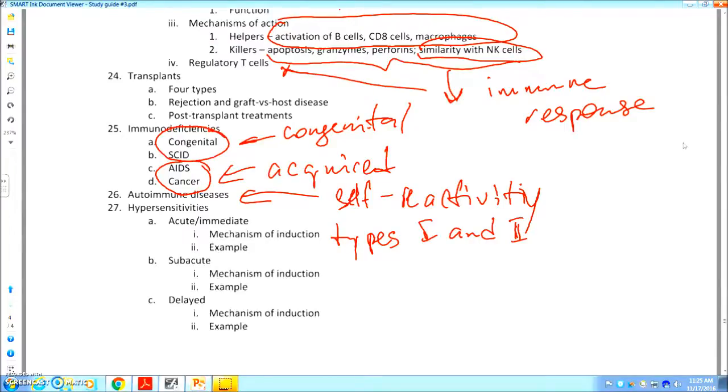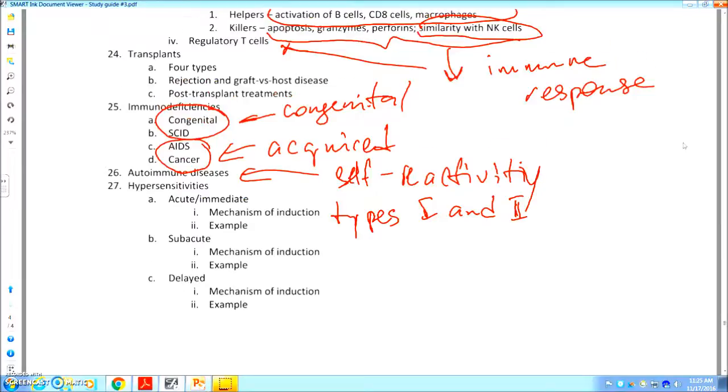Remember, immune complexes are lodged in the basement membrane of epithelial tissues. Examples would be lupus, rheumatoid arthritis. And delayed is type 4. Examples would be poison ivy, TB test.